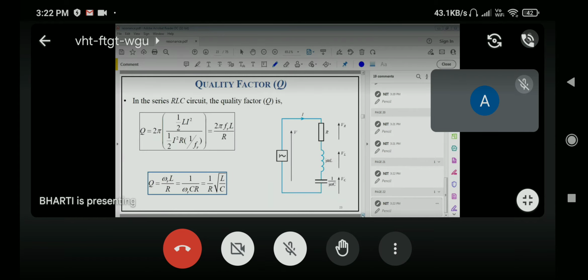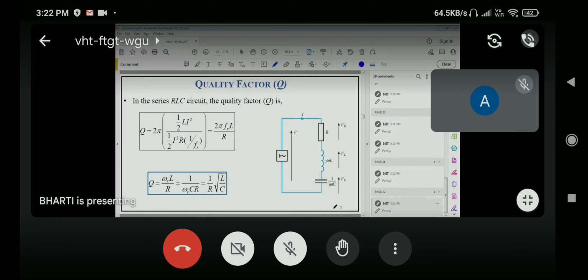Means this peak in a resonant circuit, what is the sharpness of the peak? That is measured with the help of the quality factor. And of course, I told you it is the peak energy stored divided by energy dissipated per period. That we have discussed yesterday also.